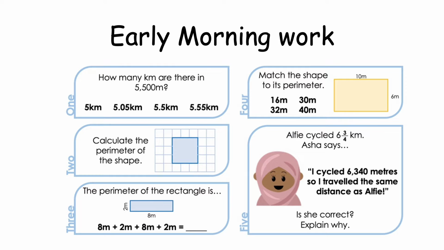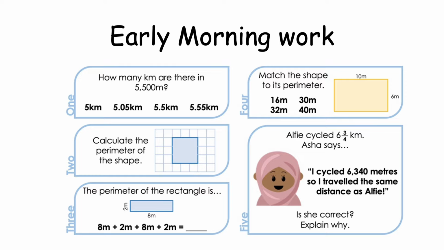Number 5. Alfie cycled 6 3/4 kilometres. Asher says, I cycled 6,340 metres, so I travelled the same distance as Alfie. Is she correct?